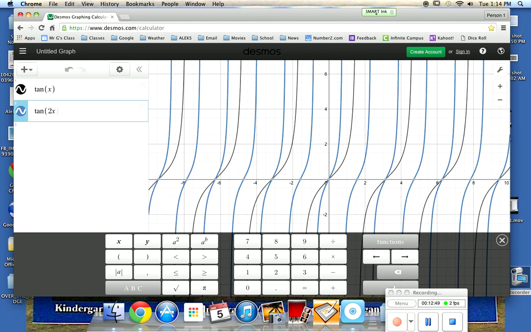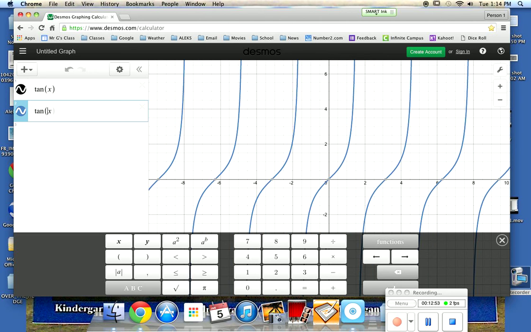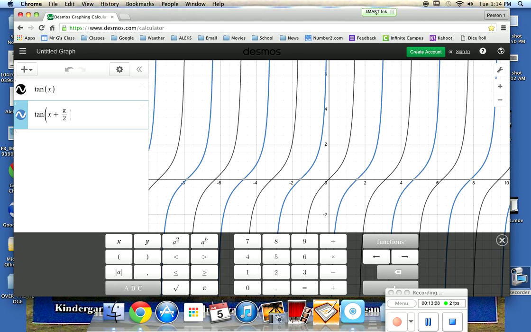What do you think is going to happen when I put an x plus something in here? Phase shift. Just going to move it over, isn't it? I move it over pi divided by 2. All it did was took it and moved it over 90 degrees.